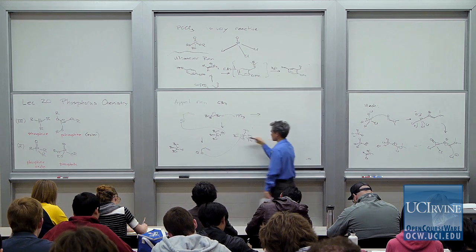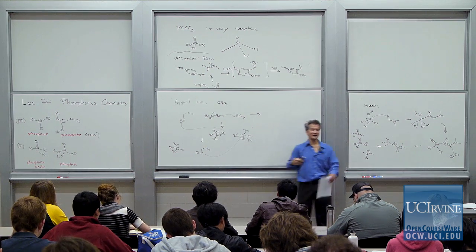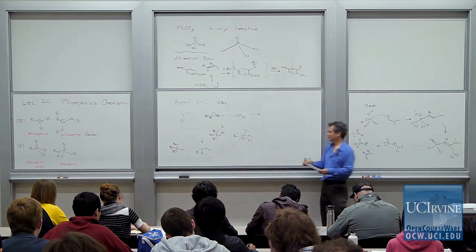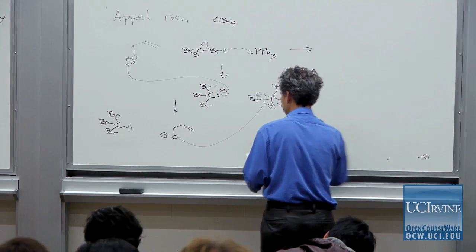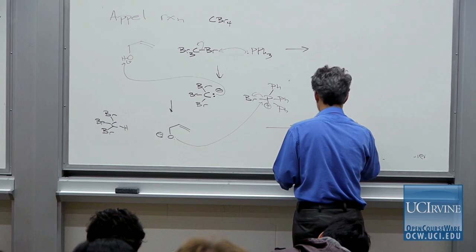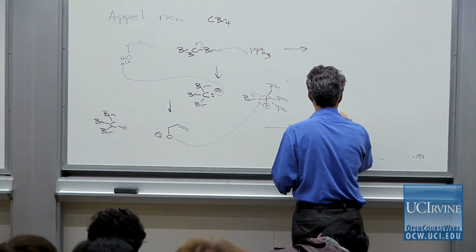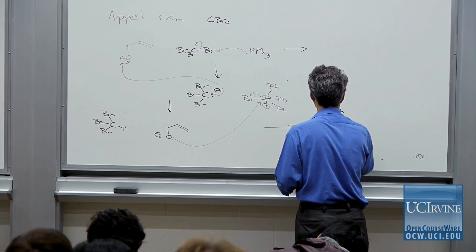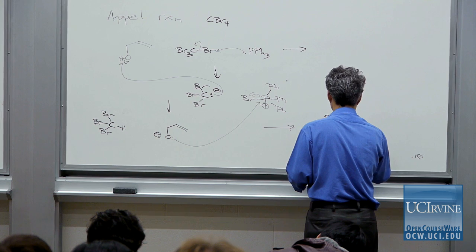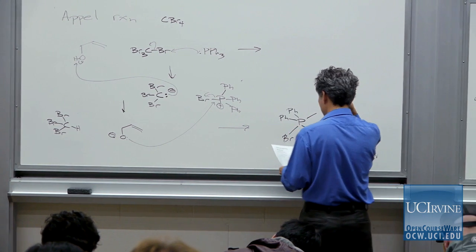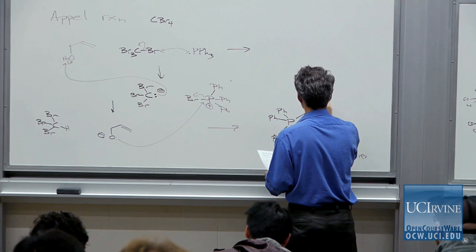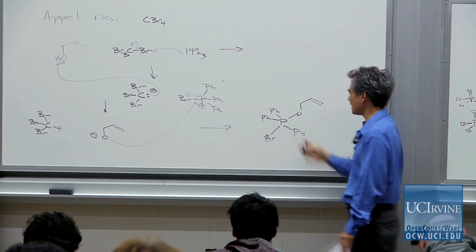It bothers me that I'm not showing the oxygen attacking from the backside, but whatever. So the oxygen will attack opposite the bromide. And so you get this phosphorane intermediate. Pentavalent phosphorus. It's okay, no charge on 5 bonds to phosphorus. So you can kind of see what's going to happen here.